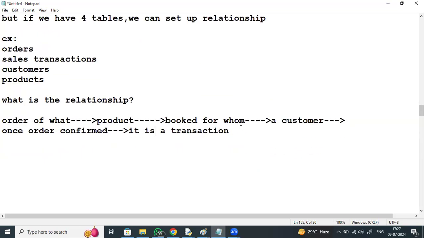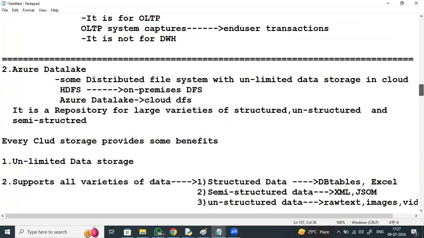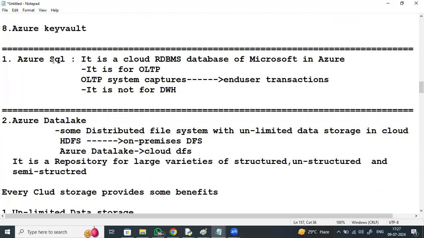So here, I'm expecting a cloud RDBMS. Generally, if you talk about cloud RDBMS, previously Azure SQL is a cloud RDBMS, but it is not for data warehouse.